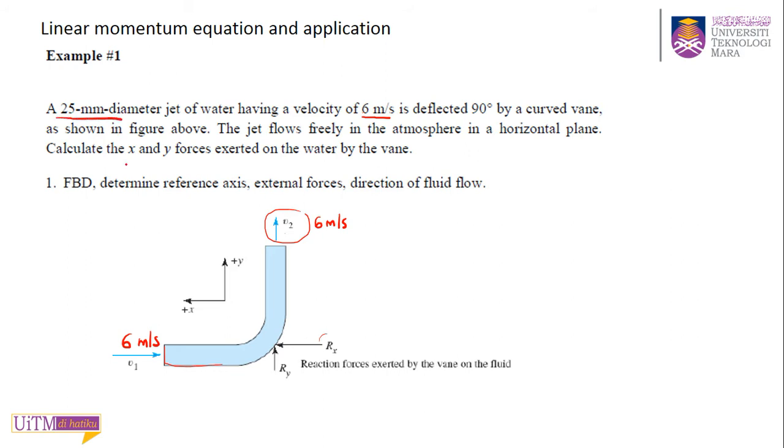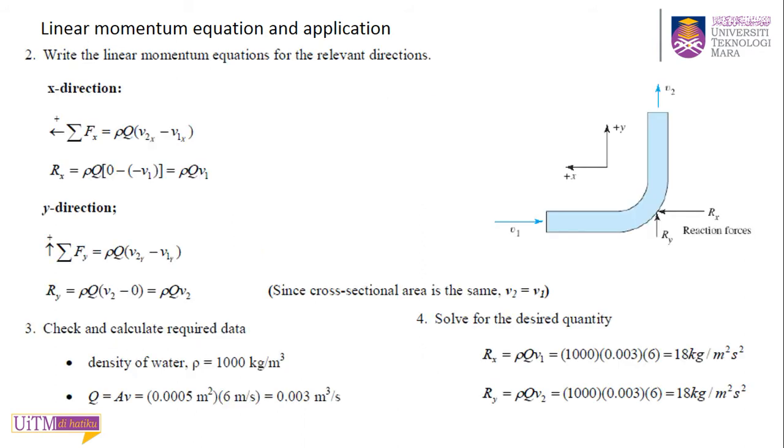Because they said this jet is 25 mm across, all of this is 25 mm, which means the area is the same. So that's why your velocity is the same. If they give you a different diameter here and a different diameter there, then your velocity will change. Because the area is the same, your velocity is just the same. So what you said is right.